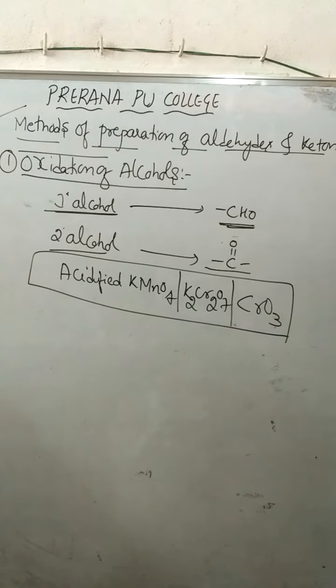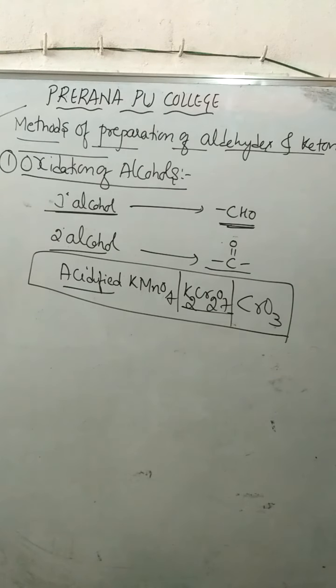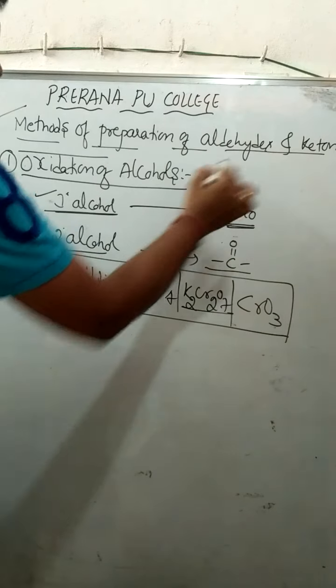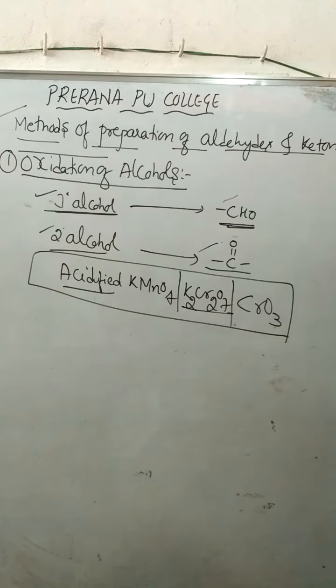Majorly in this reaction, we use acidified K2Cr2O7 as the oxidizing agent for the reactions to take place. Now let us discuss how a primary alcohol can yield an aldehyde and how a secondary alcohol gives a ketone.